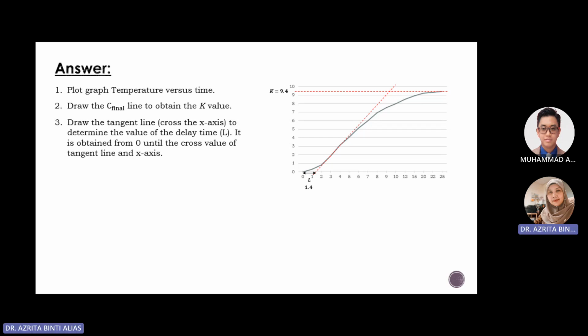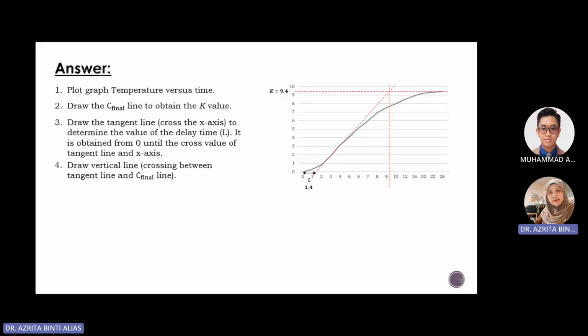Next step, we will draw a vertical line. The vertical line is from the crossing between the tangent line and the C final line, down until it crosses the x-axis.